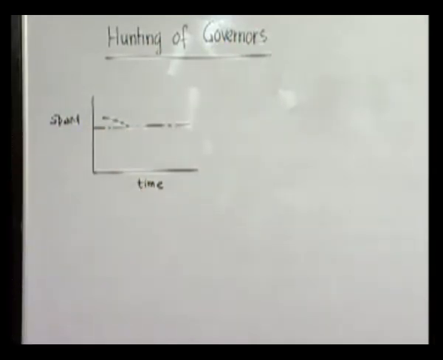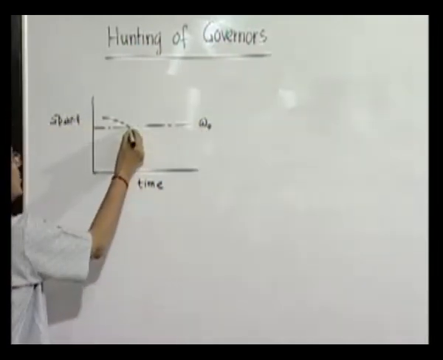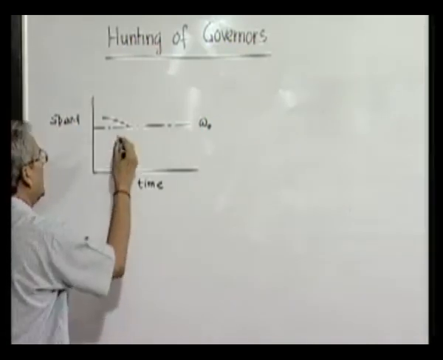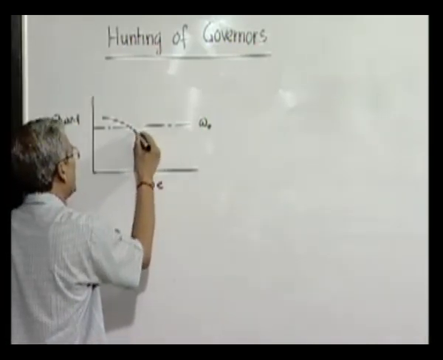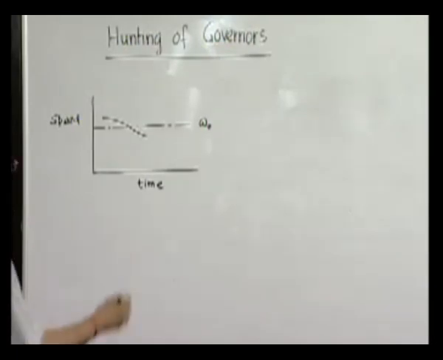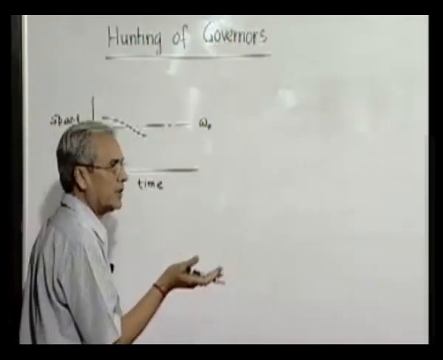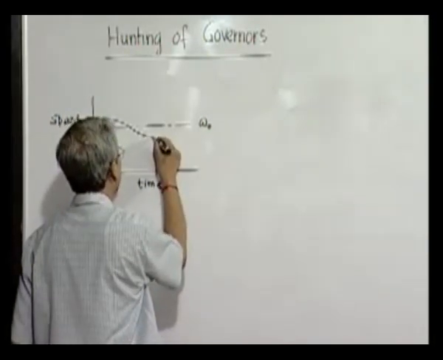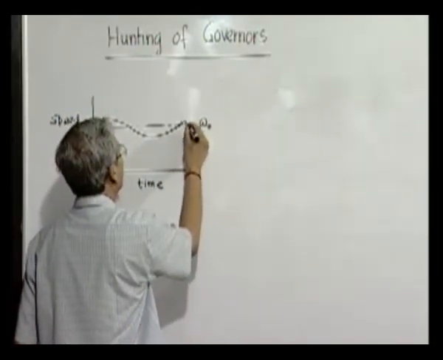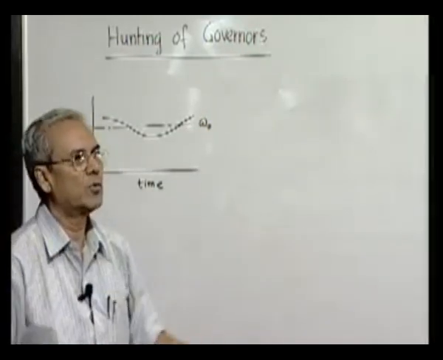When it comes here to our desired operational speed, it does not stop here because the whole system will have some inertia. So it continues, it goes below the desired speed, but again, since it has become less than desired speed, the input will be increased, and then again slowly it will try to come here. Again, due to inertia, it will overshoot, and this will cause the whole system to hunt.